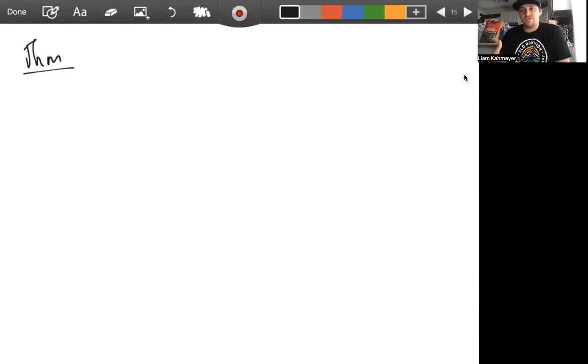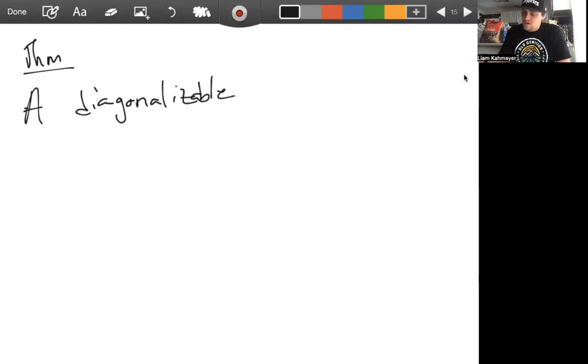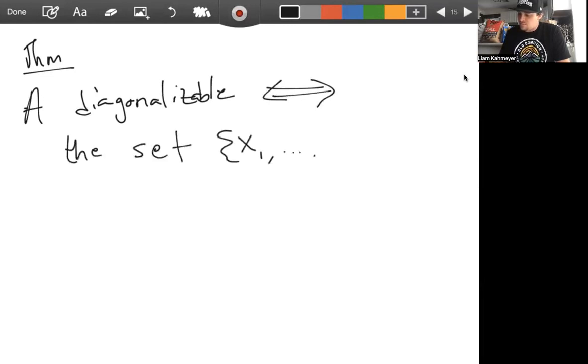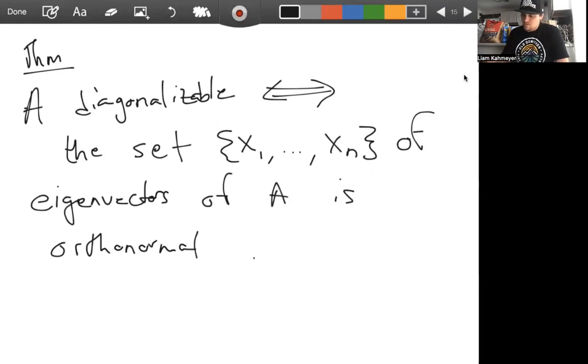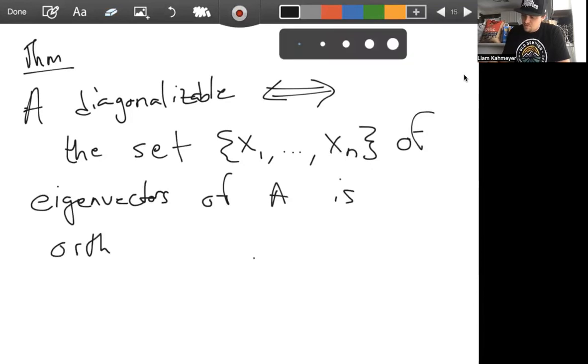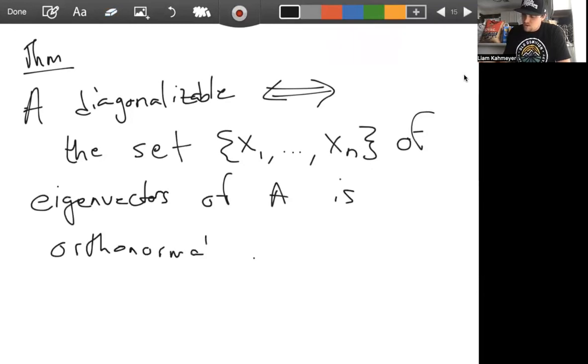Now that we know symmetric implies diagonalizability, we can state the following theorem: A is diagonalizable, and this condition is equivalent to the set x1 through xn of eigenvectors of A being orthonormal, right?